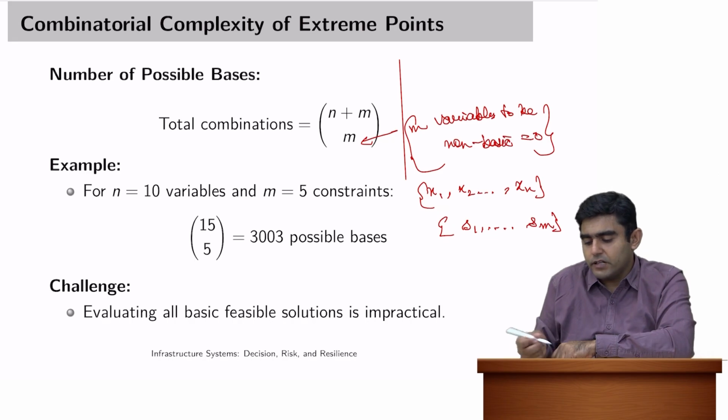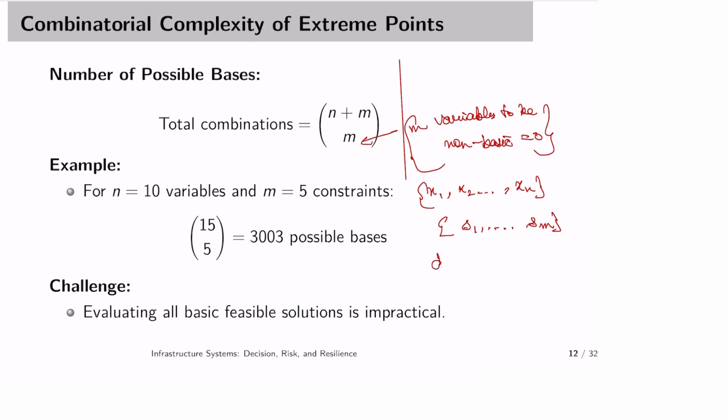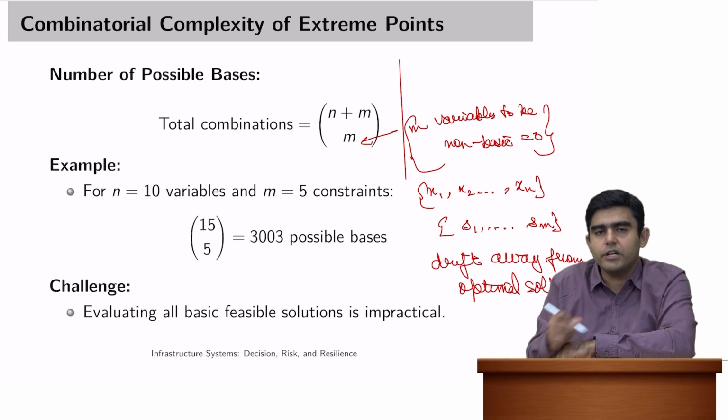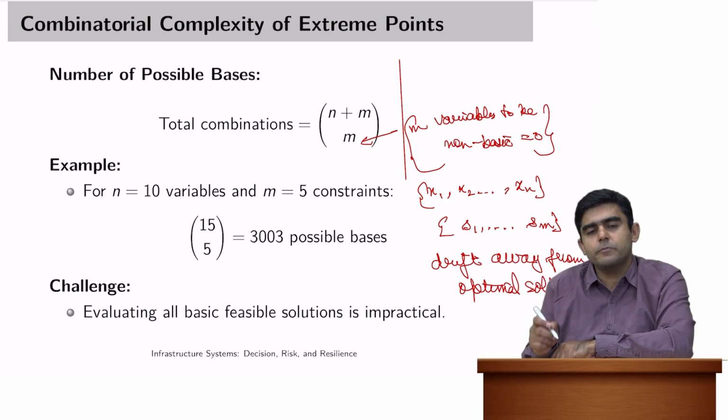You can say that we can randomly select any of these variables and force them to be 0. But what may happen is that if we make that choice randomly, we may drift away from the optimal solution, and it may take a long time to converge to the point of interest or extreme point of interest.